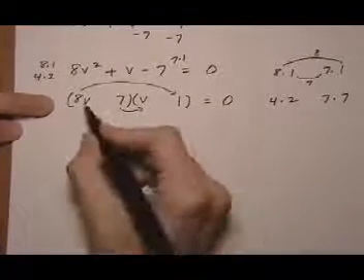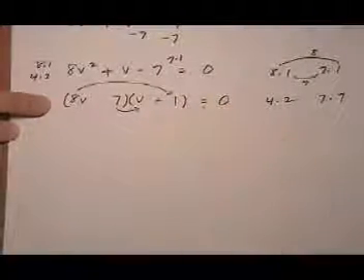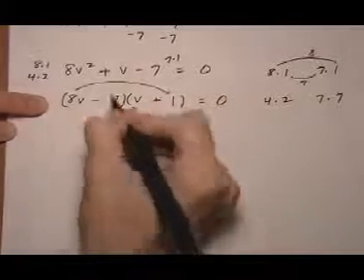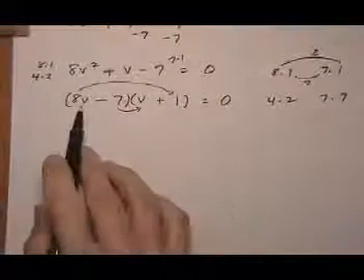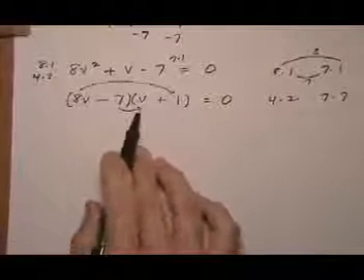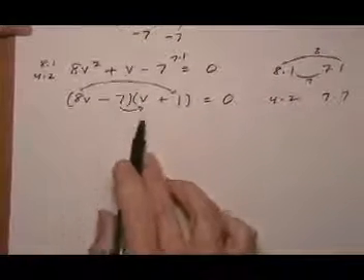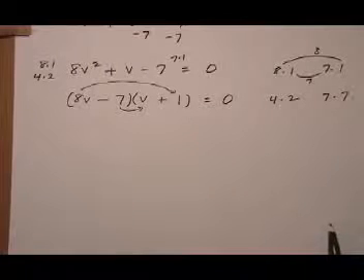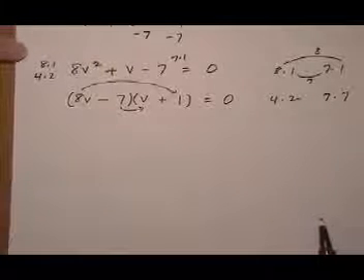And they're going to give us a difference of positive 1 if we put the plus with the 1 here and the minus over here. So let's just double check it. 8v squared plus 8v minus 7v is positive v. Take away 7 equals 0. Alright, so that checks out.